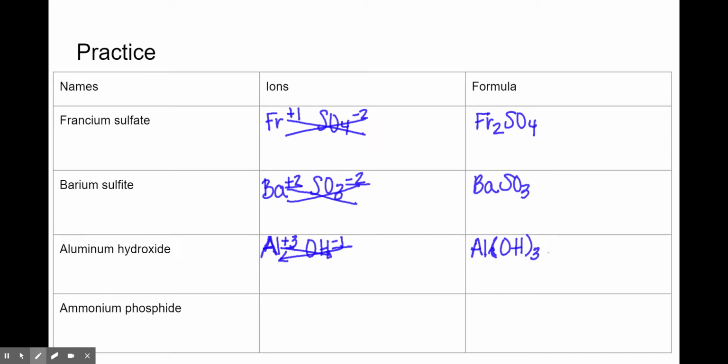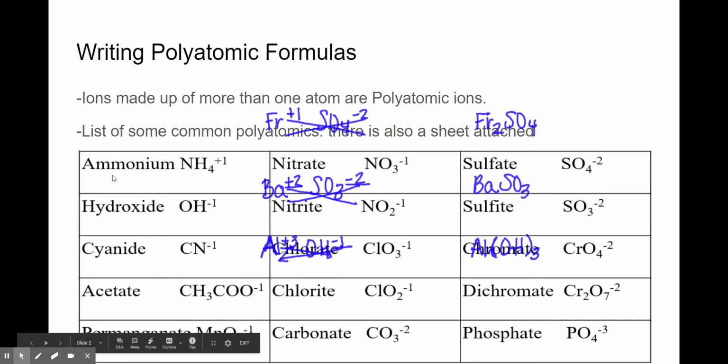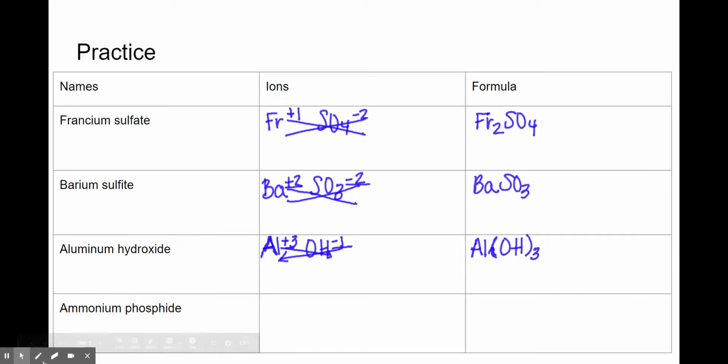Finally, we have ammonium phosphide. Ammonium is a polyatomic ion. Here's ammonium. It's NH4. Its charge is +1. Then I have the phosphide.